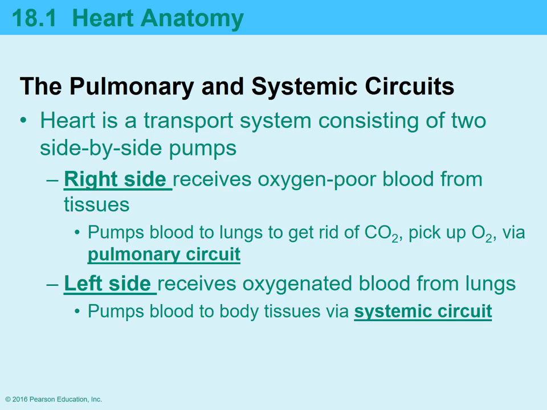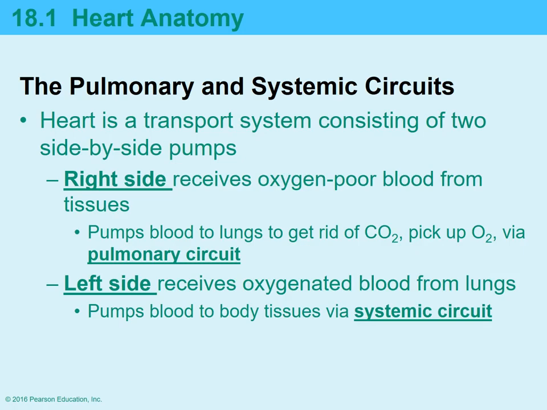So when the blood goes to the lungs, it essentially unloads the CO2 and it loads or picks up the oxygen. So, like I said, blood coming from the rest of the body comes to the right side. It's low in oxygen, gets pumped to the lungs via the pulmonary circuit, returns to the left side of the heart.